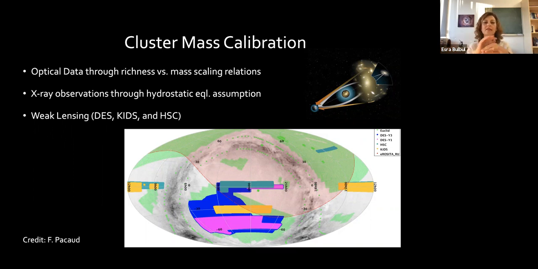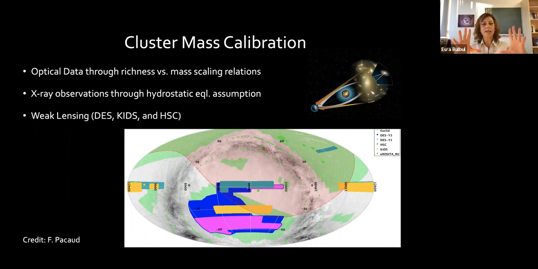The currently best method is to use weak lensing observations, follow-up observations of our clusters through 3 different surveys: DES, KiDS, and Hyper Suprime-Cam. We have MOUs and external collaborator agreements with these surveys. So when we detect a cluster, they go and measure its mass from their weak lensing observations.